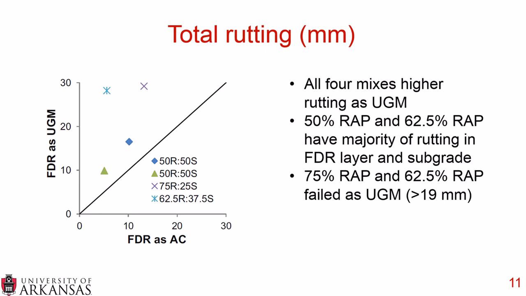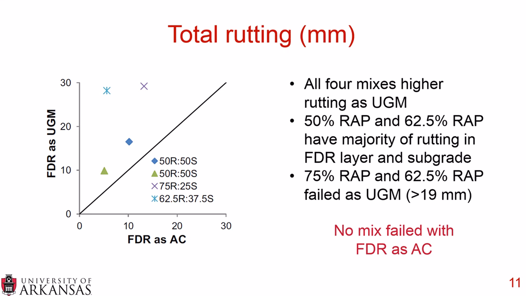It's also important here to note that PavementME has maximum required values. You can't have more than 19 millimeters of total rutting, and both the 75% and the 62.5% RAP failed as an unbound granular material. So those FDR layers that had higher percentages of RAP actually failed as an unbound granular material, but they did not fail as an asphalt concrete material.